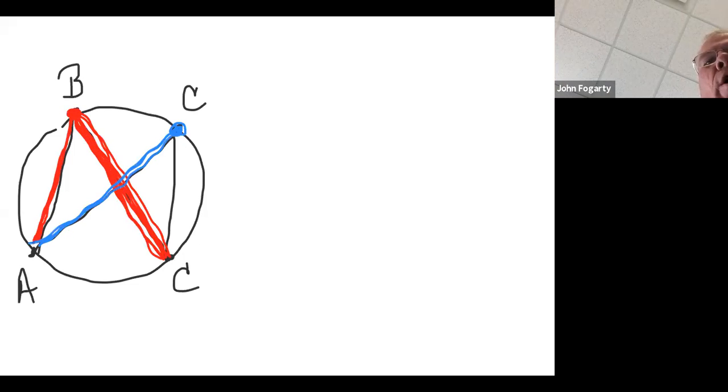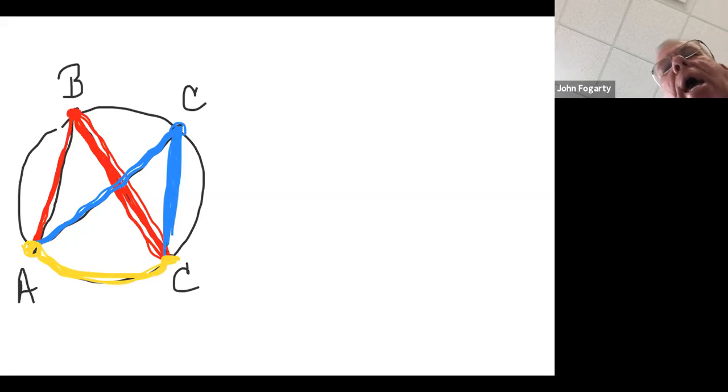Sometimes the hard part for guys in geometry is they just see the full picture and they're not able to actually figure out. Now notice what arc angle B cuts. And notice what arc angle C cuts. They both cut arc AC.